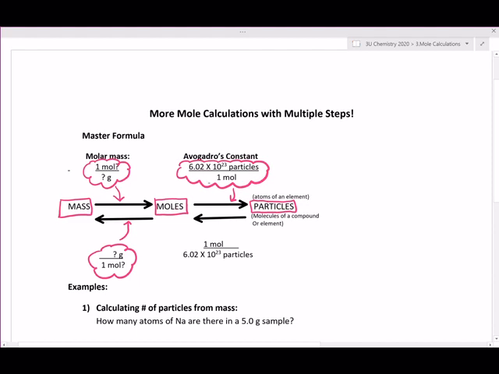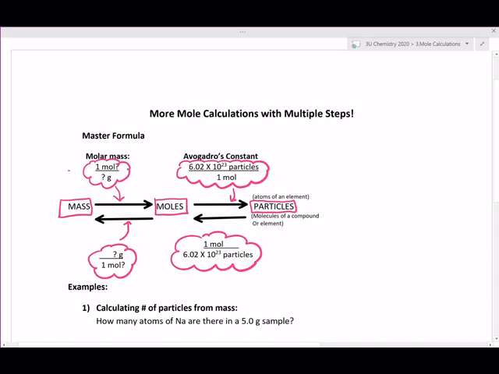You would use this version because you would want moles on the bottom to cancel with your moles. If you're going the other way, where you had some atoms or some molecules, some kind of particle, and I asked you for moles, you'd use this version, which would be upside down.